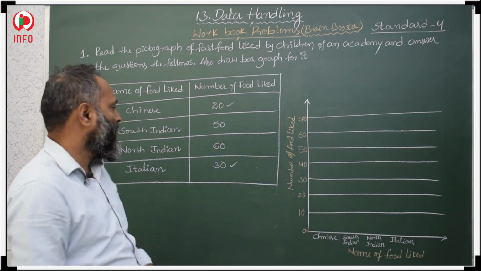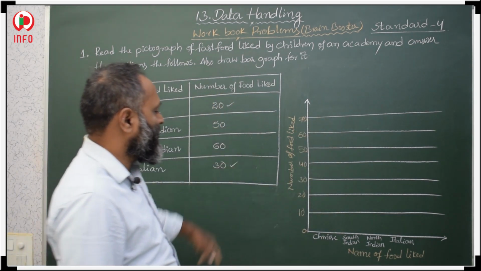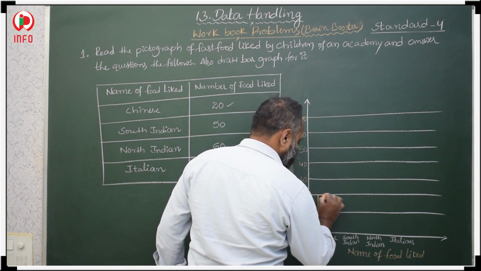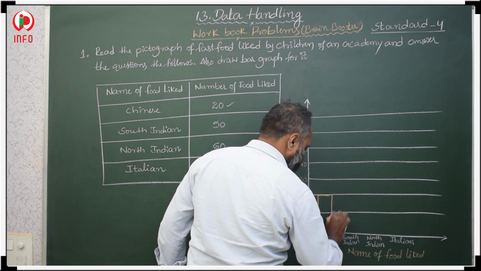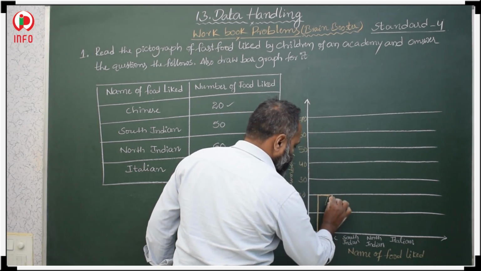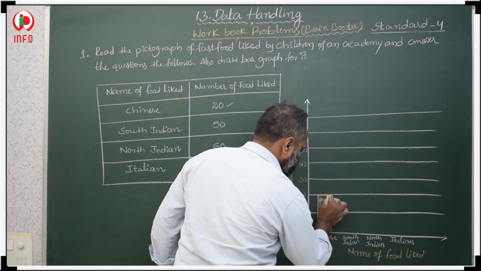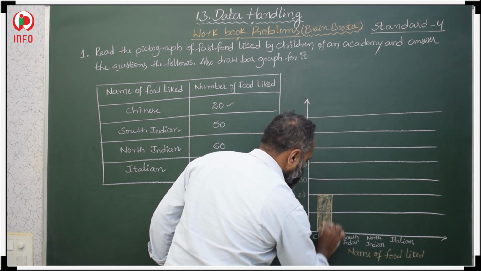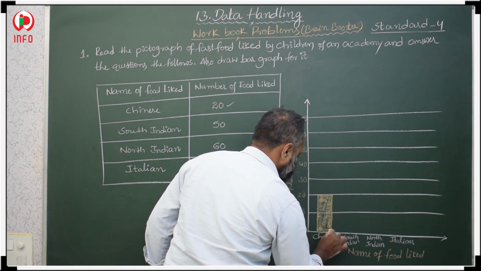Now, the first, Chinese, is 20. We take 20 here, so we should draw a bar of 20. This is Chinese food, the number of students who liked it, shown in a bar. So 20 students like Chinese.